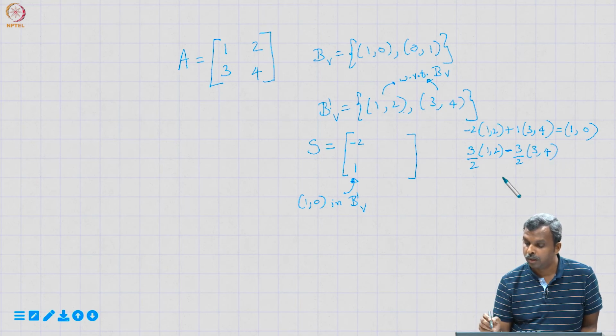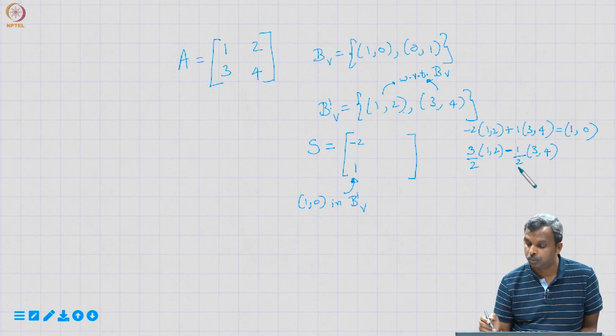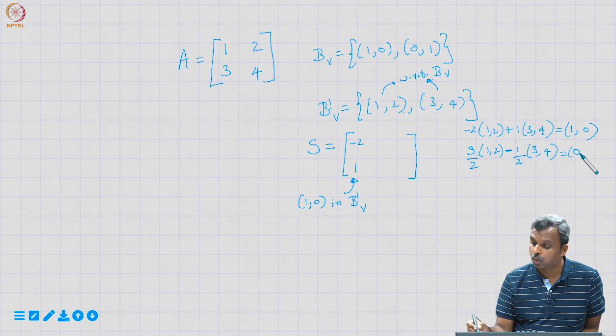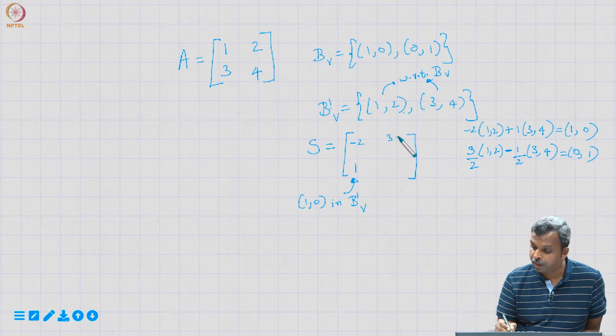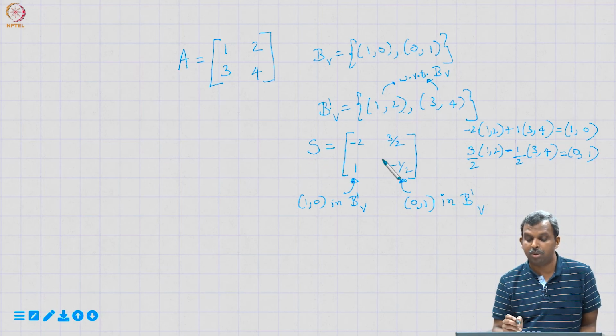Okay, so I think, no, minus maybe 1 by 2. Yeah, I think this works. This would give you (0, 1). So this is how you figure it out. This would be 3 by 2 and minus 1 by 2. So what did I write here? I wrote (0, 1) in B prime V. So this gave me my S.